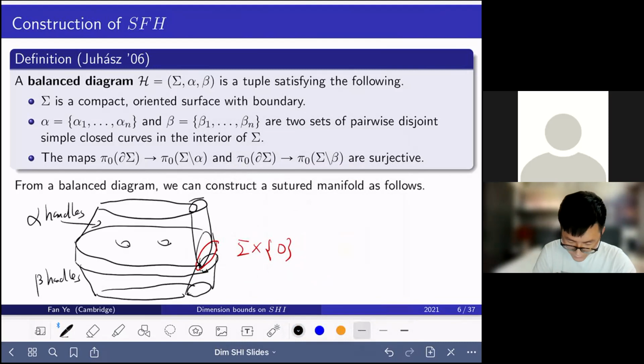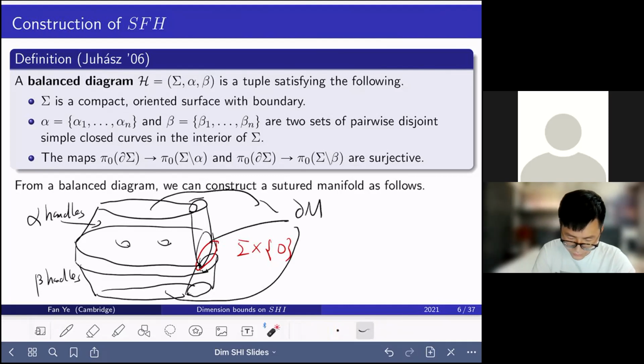So in this case, we can find that all these parts form the boundary of M, and the suture is on the boundary of M, and the inside is just the interior of M. So this is a construction of a suture manifold just from a balanced diagram.